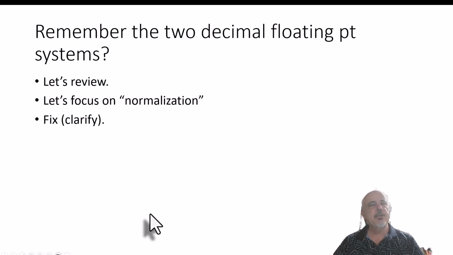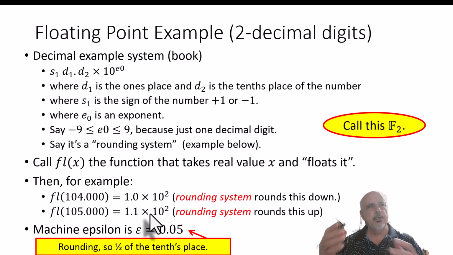All right, so just a real quick review of the decimal floating point systems. I wanted to focus on normalization and what that means. Here's our two decimal digit floating point system, where we've got a first digit, and then a decimal point, and then a second digit, and then we're multiplying by 10 to some power.